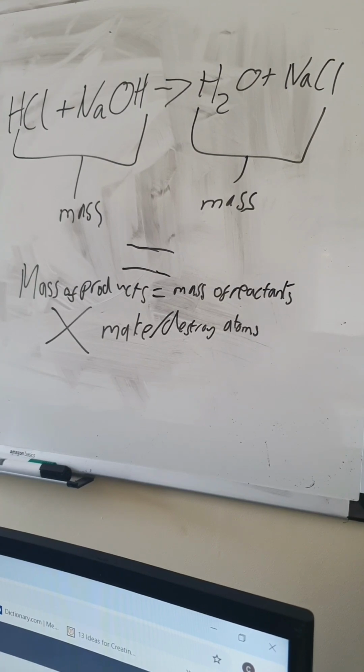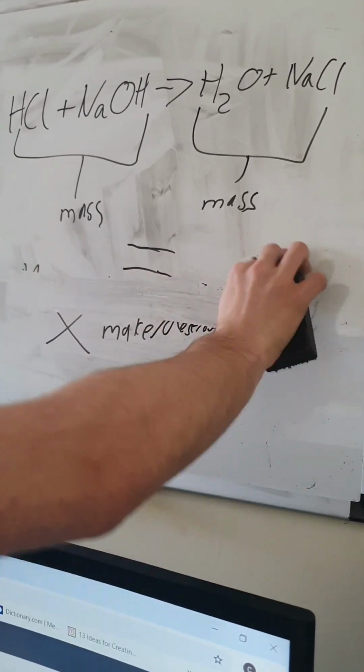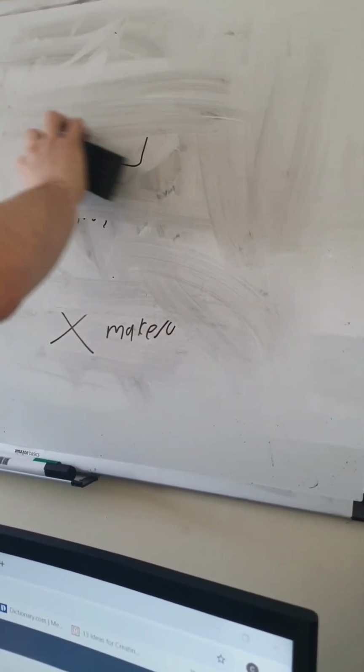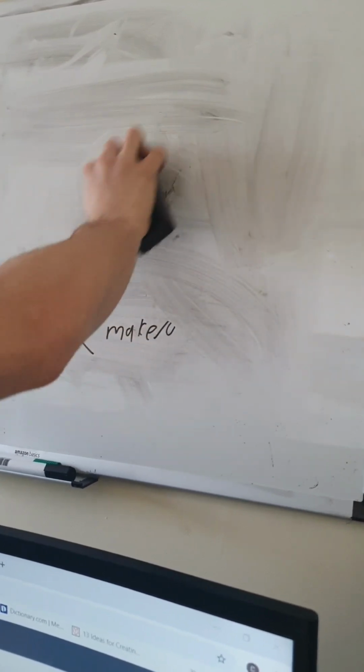The next bit we've got to understand is about relative formula mass and relative atomic mass. So, you might have heard of relative atomic mass, and I hope you have, but if you can get up a periodic table, if you want to Google and just Google up GCSE AQA periodic table, and it will come up, and all of a sudden you will be presented with a periodic table.